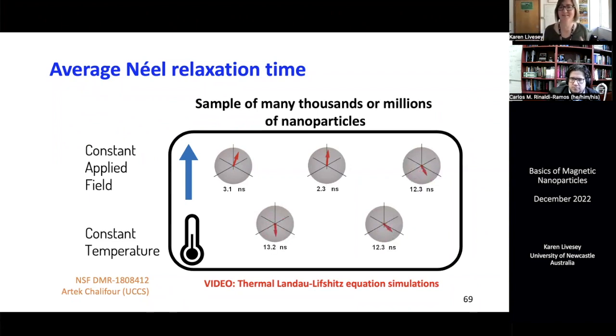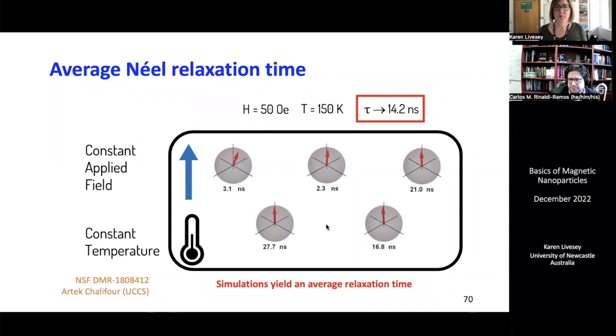So you can see everyone is doing something different. This is a stochastic process. We jiggle around, and eventually we can overcome the barrier. I should say these are our simulation results, and what we do is simulations on what's known as a thermal Landau-Lifshitz equation. We do this for more particles than just 5, but 5 is a good number to put on a slide.